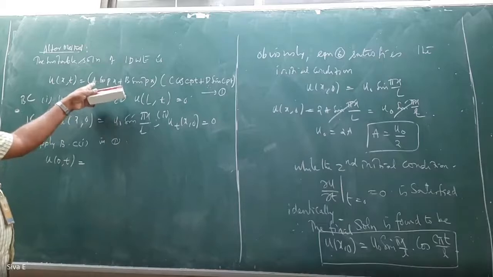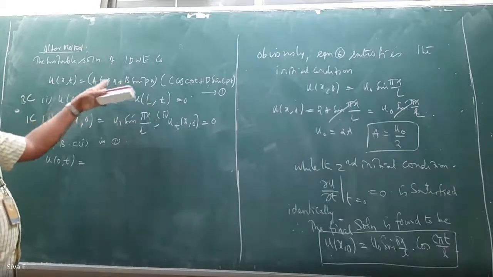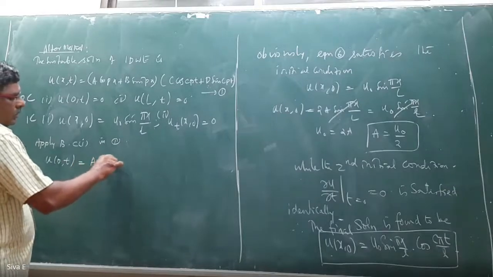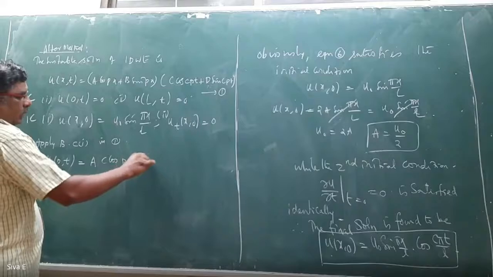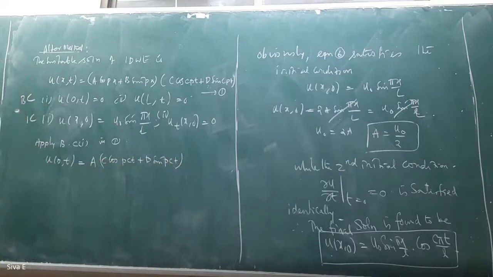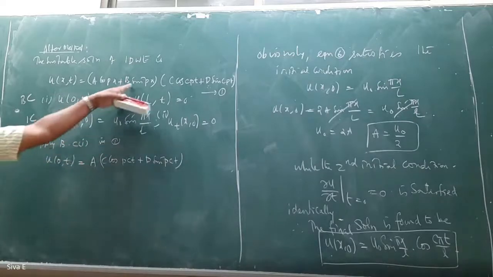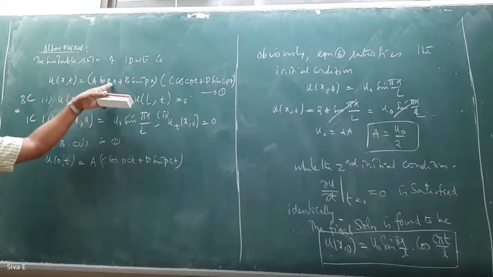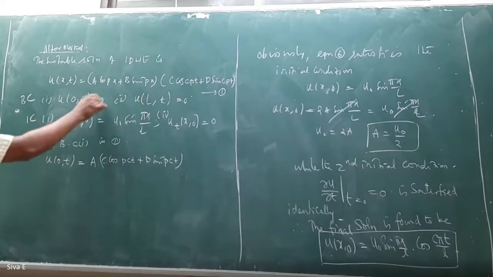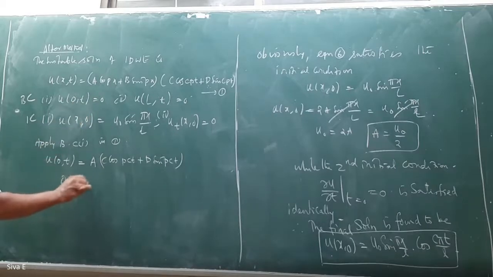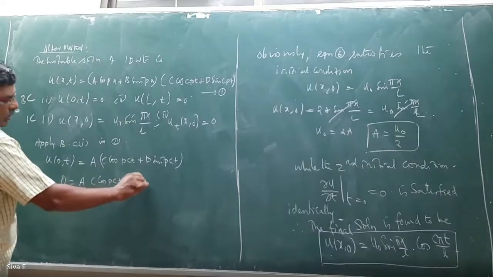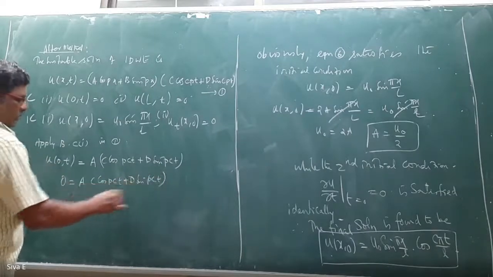Then sin 0 will be 0 but cos 0 is 1, so A into (C cos pct plus D sin pct). But u(0, t) is 0, so 0 equals A into (C cos pct plus D sin pct).